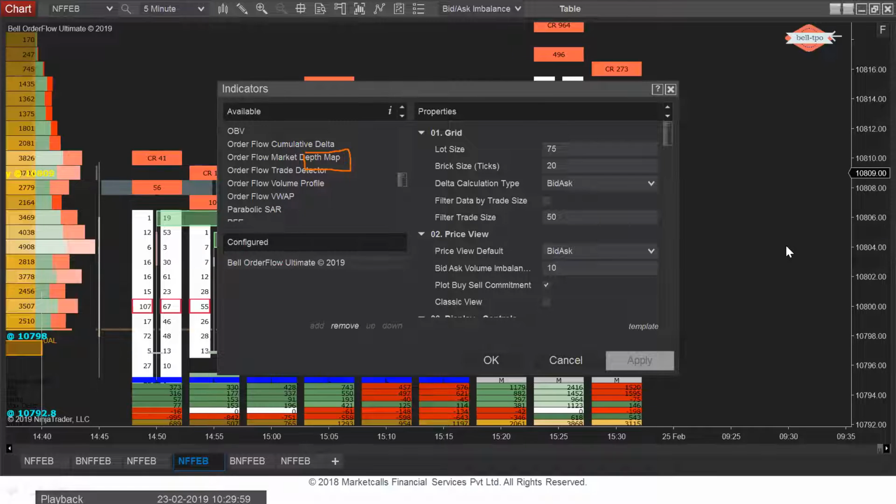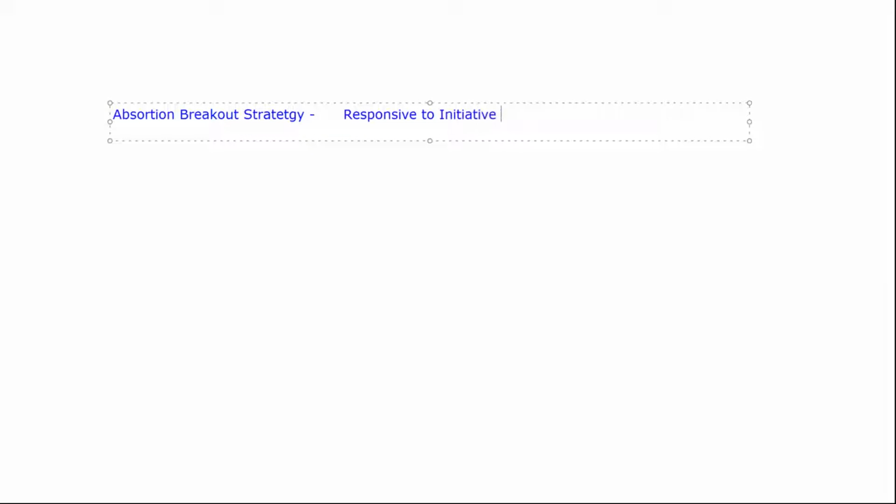So there are many strategies we talked about in today's session, right? One of the strategies we talked about is the absorption breakout strategy. In this strategy, we'll be looking for a responsive auction to convert into an initiative auction.